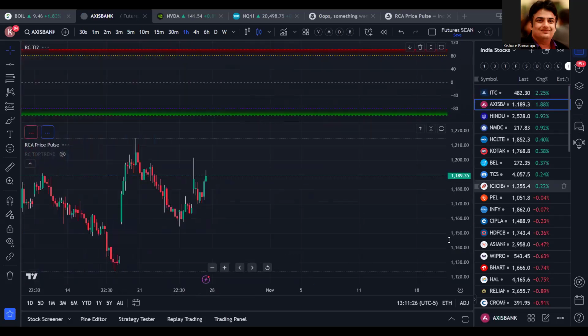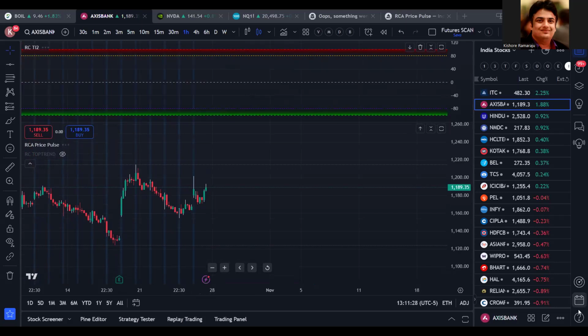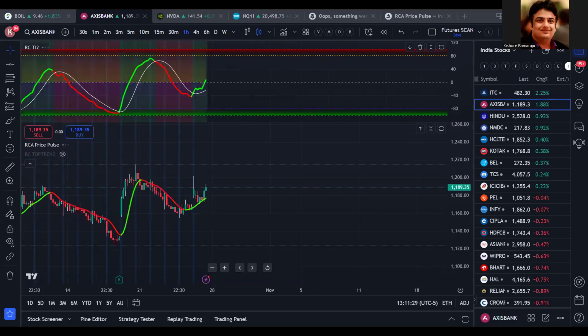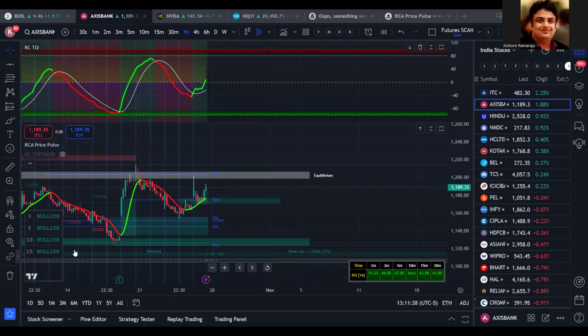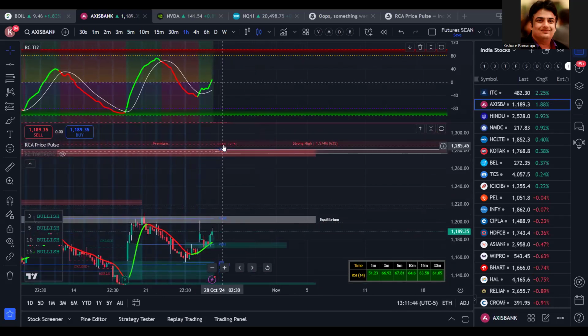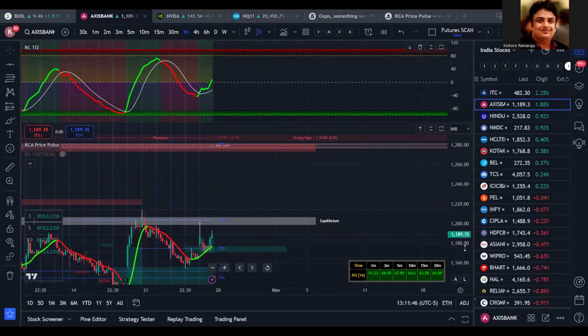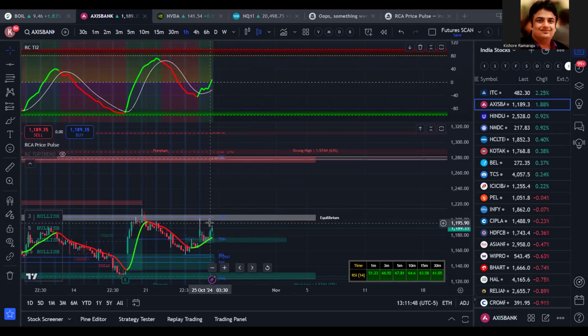Or Axis Bank. Everything is green. So Axis Bank can go all the way to 1280. Now it is at 1189 rupees.